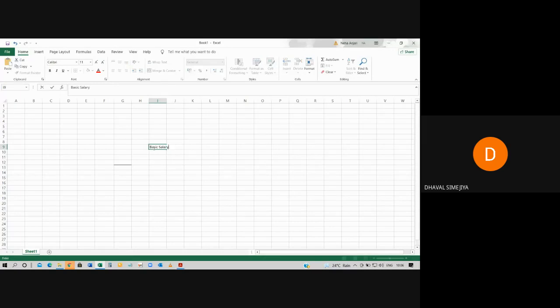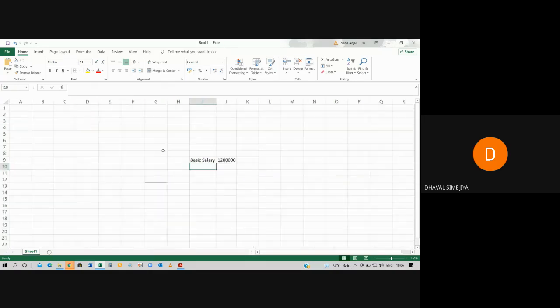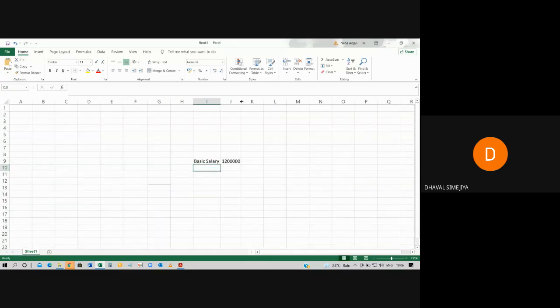Basic salary 1 lakh rupees, but this is per month, so multiply by 12. 12 lakh rupees. Let me zoom. Done? Visible?